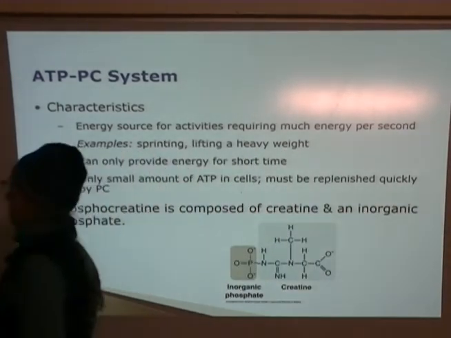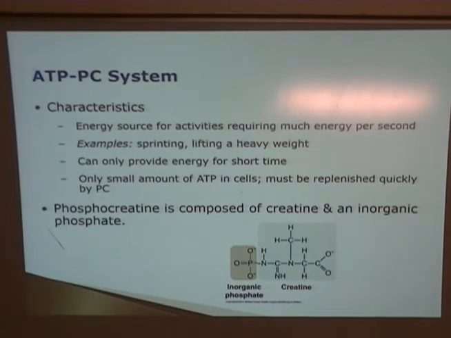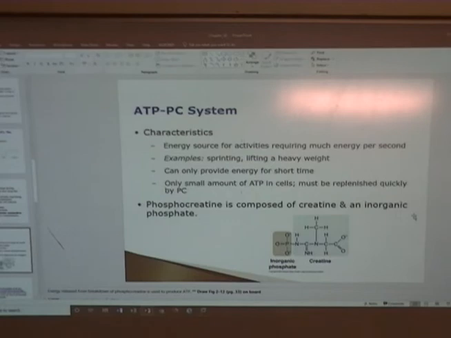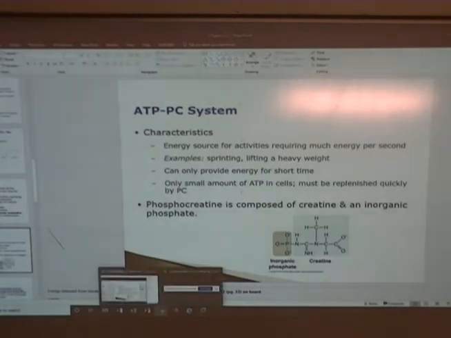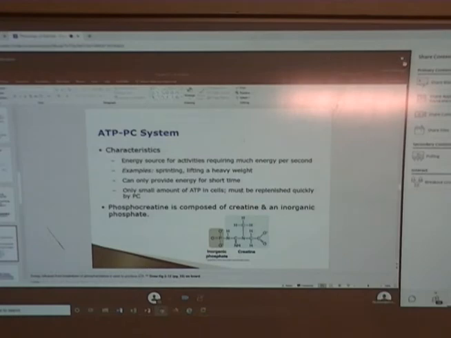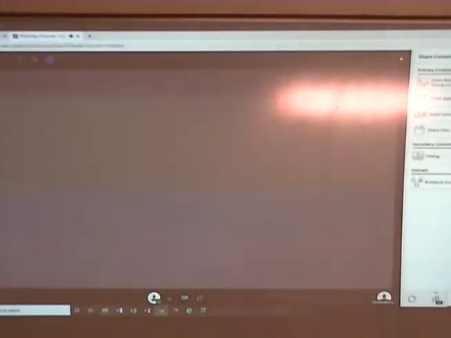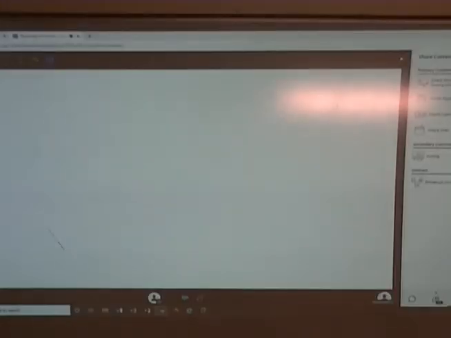So, it's so much easier to do this on the whiteboard. Here's my ATP.